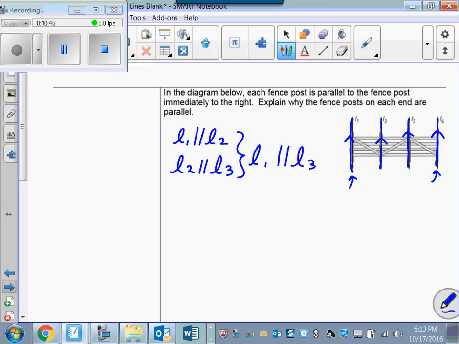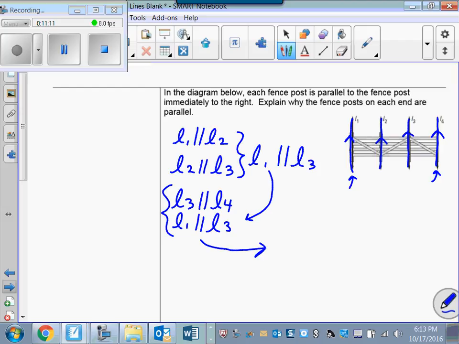Okay, and then we know that L3 is parallel to L4 because that's what it tells us up here. Each post is parallel to the post immediately to the right. And if I put these two statements together, let's put this one down here, that L1 is parallel to L3, then what I can say, because of these two, is that L1 is parallel to L4.